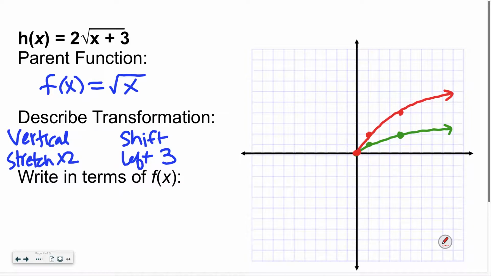Then we would need to shift it to the right. Left, excuse me, we need to shift it to the left. So these red coordinates are going to get shifted left 3. Left 3. Left 3. Okay. So then the blue function is what I would want.